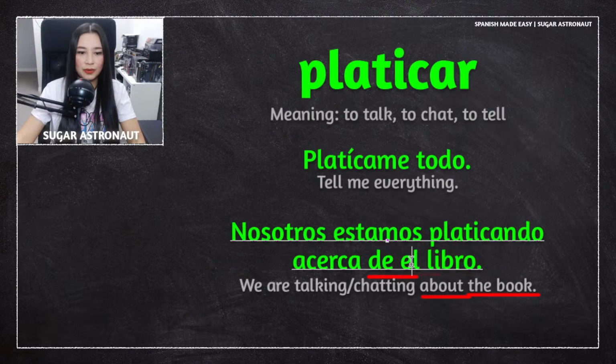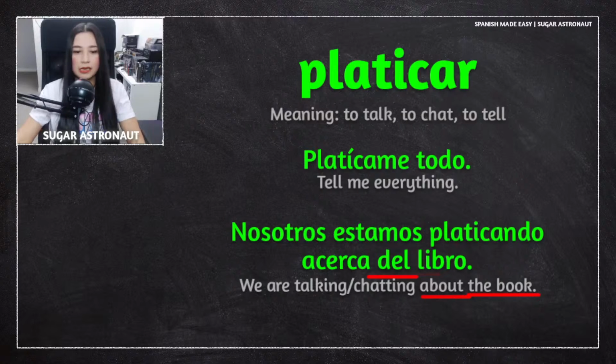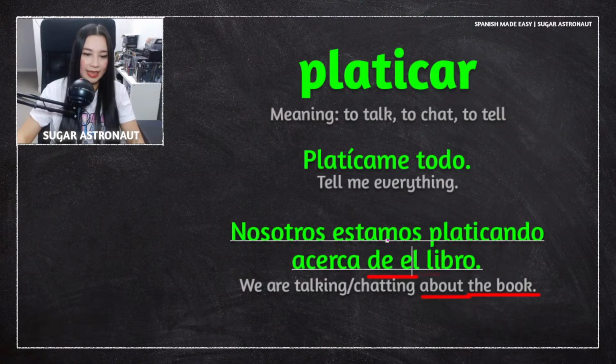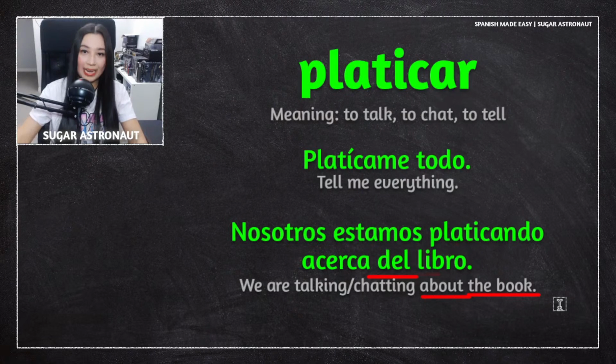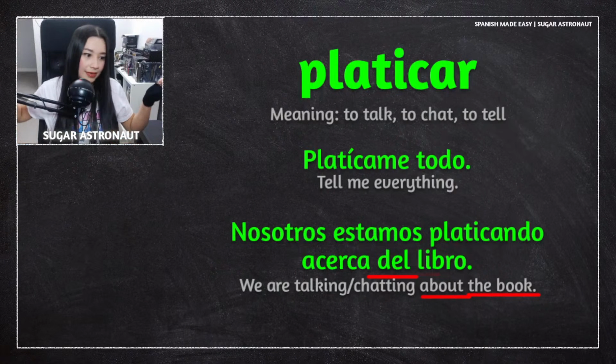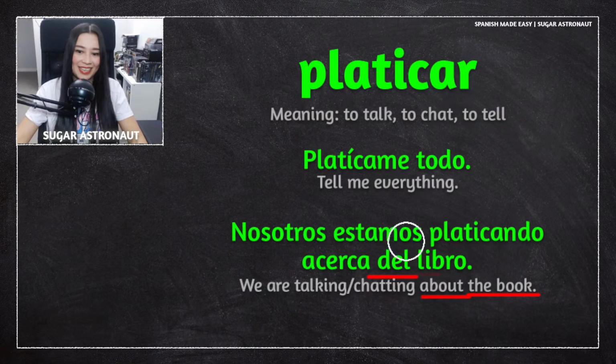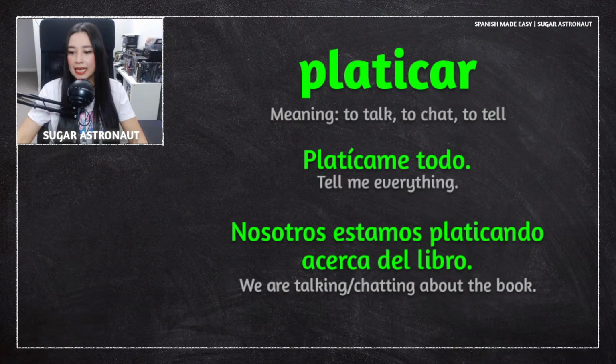You need to remove one E and it becomes del libro, okay? So that's how it works. Remember that when you have the word de and you have el, that becomes del, okay? Acerca del libro. I mean, grammar. Am I right? So that's how it works in Spanish.